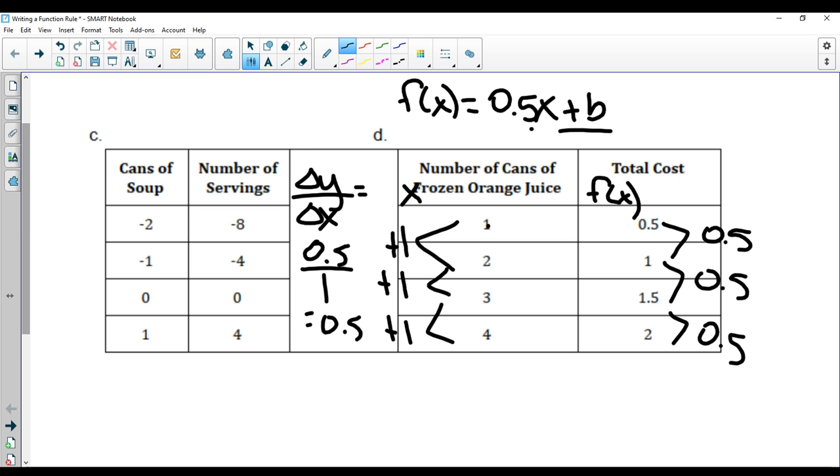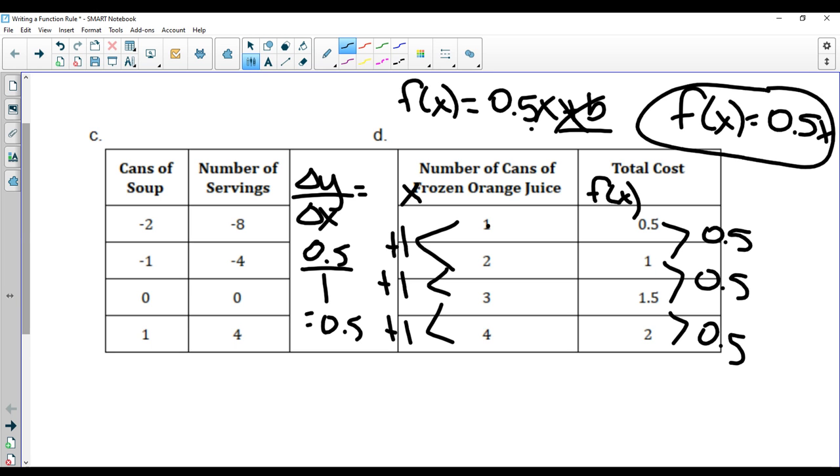Okay, let's plug 2 in here. 2 times a half is 1. 3 times a half is 1.5, or 3 halves. 4 times a half is 2. So, just like the last one, we're not adding anything. So f of x is going to be 0.5x. All right?